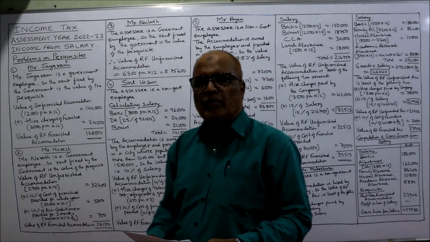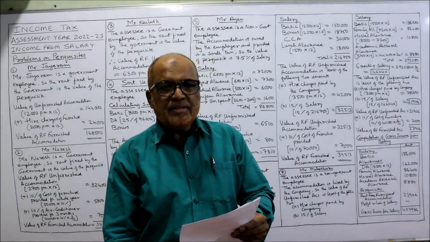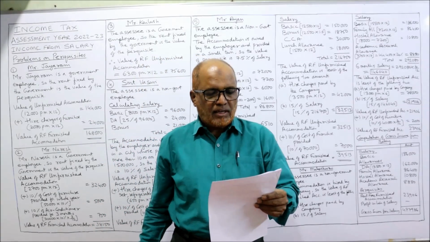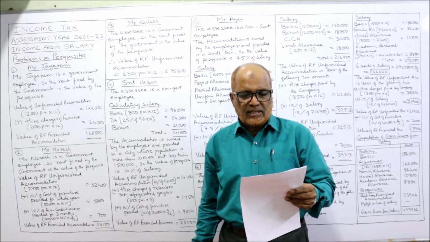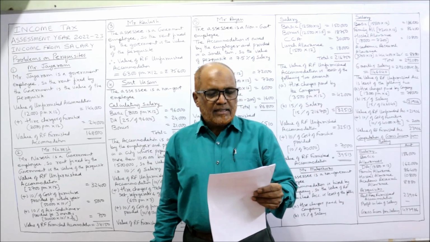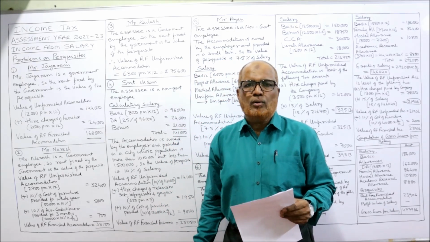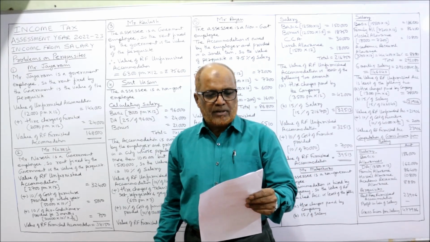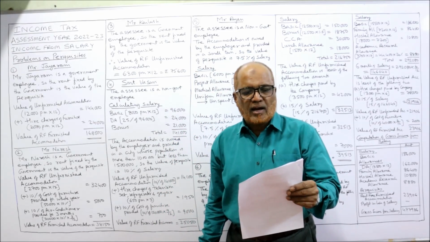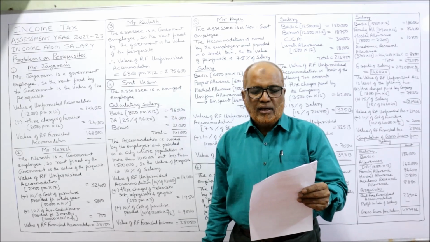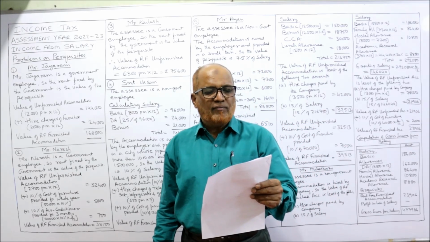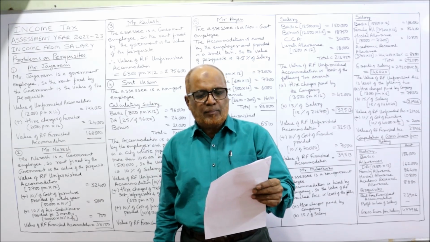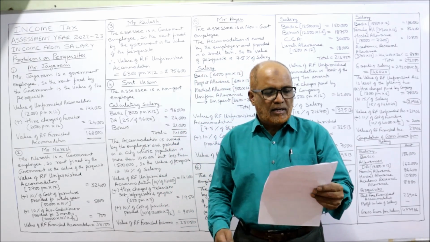Come on, see the first problem. Mr. Jayaram is working in Accountant General Office in Chennai, AG Office it is called. It's a government department. His salary particulars are basic pay 25,000 per month, DA 2,800 per month, servant allowance 300 per month.